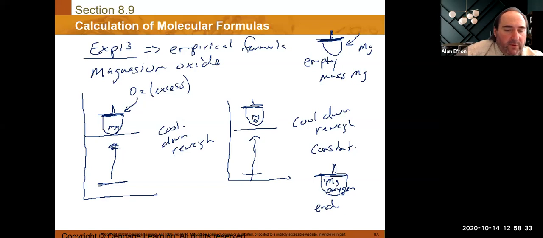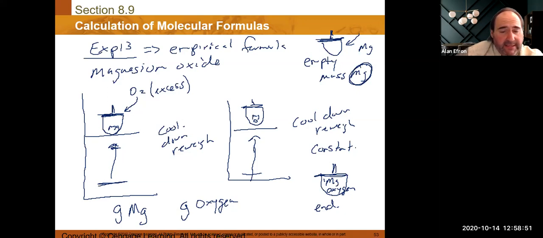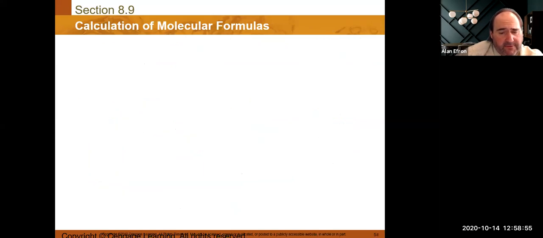In order to figure out the empirical formula, we need to know the grams of magnesium and the grams of oxygen. The grams of magnesium is easy; it's the mass that you started with. If we think about what's in the crucible, at the beginning of the experiment it's just magnesium.